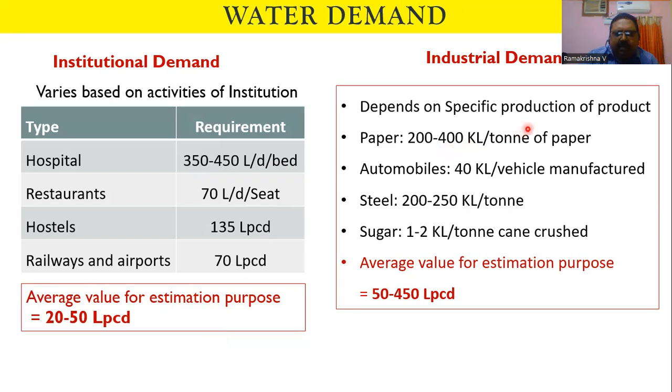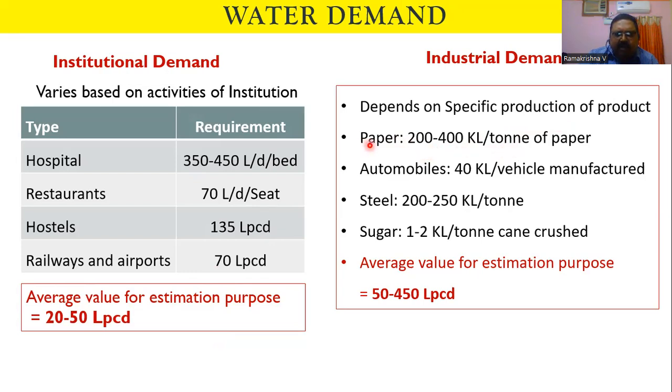Industrial demand. Every industry also requires water, and that depends on the line of production they're making. Water demand for industries is calculated based on how much water is consumed in the process, divided by whatever the unit of production they're making.